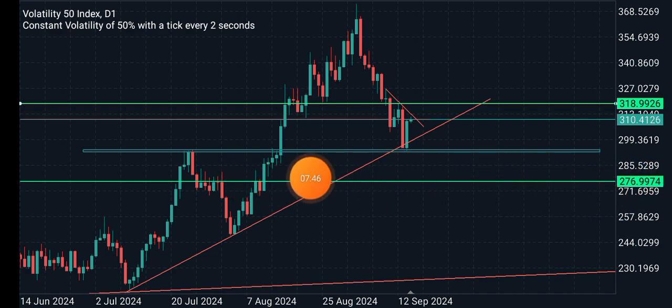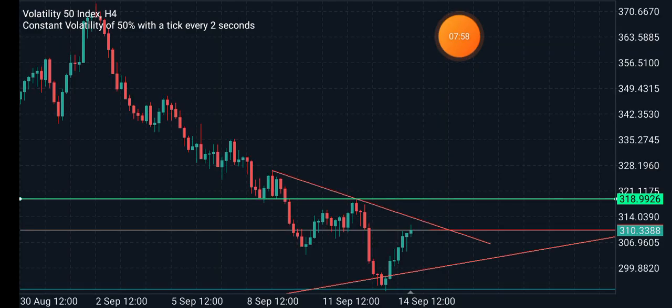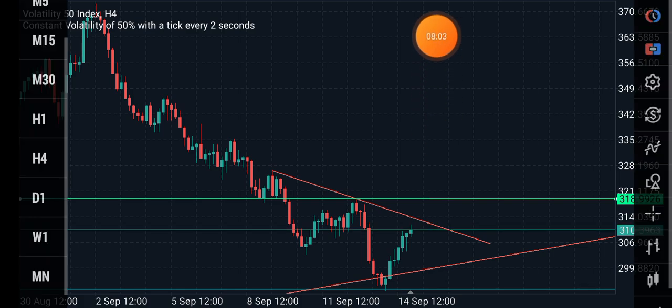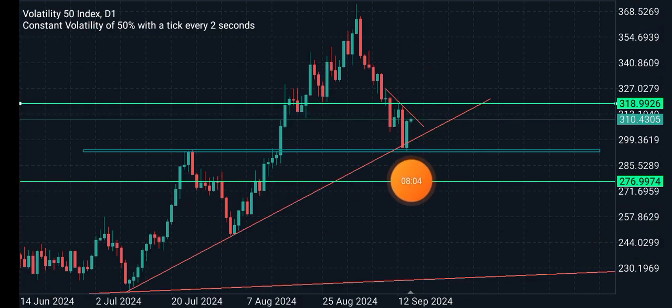I still think price will come back to fill this place, and what price might likely do is bounce off this and go down till we get to this point on the daily time frame. You get me? So these are things that could likely happen.